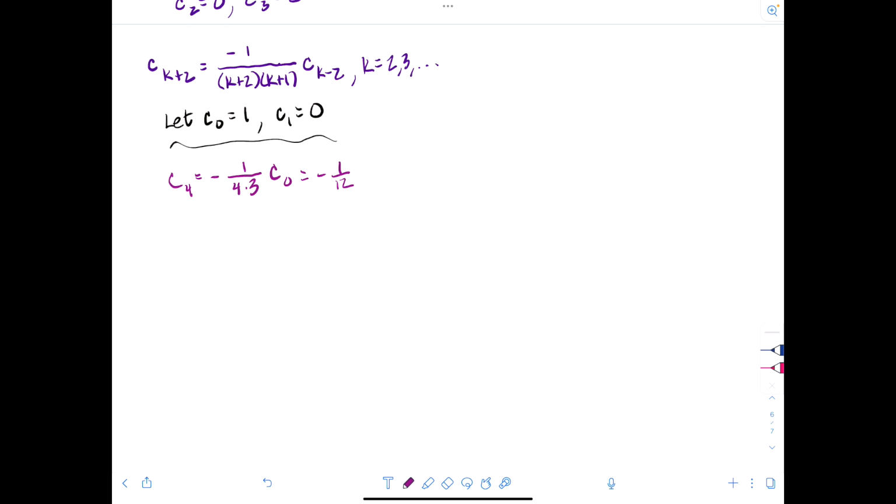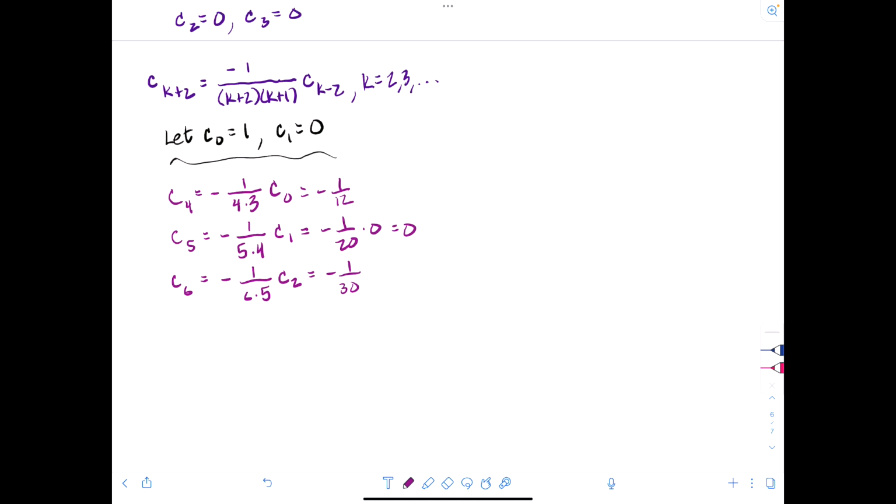All right. So C5 happens when k is 3. That's going to be negative 1 over 5 times 4. And then when k is 3, we'll get C1 here. So that's going to give us negative 1/20 times 0, which is 0. When k is 4, we'll have C6. That's going to give us negative 1 over 6 times 5, and then we'll have times C2, which will be negative 1/30.